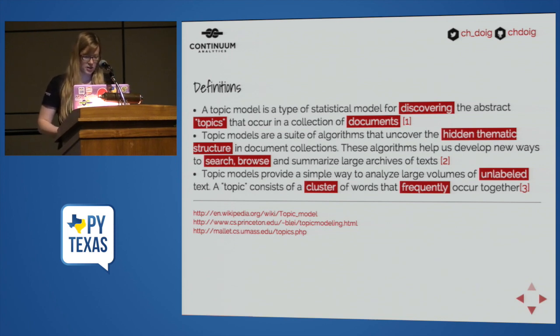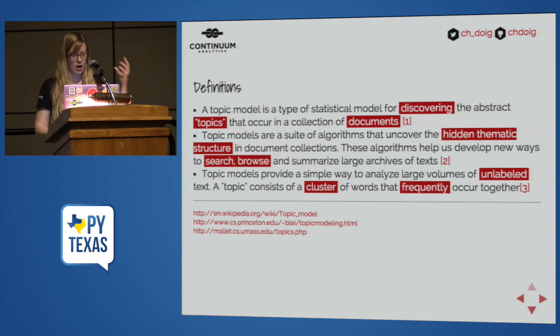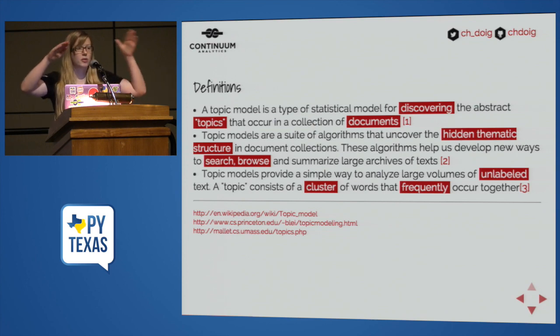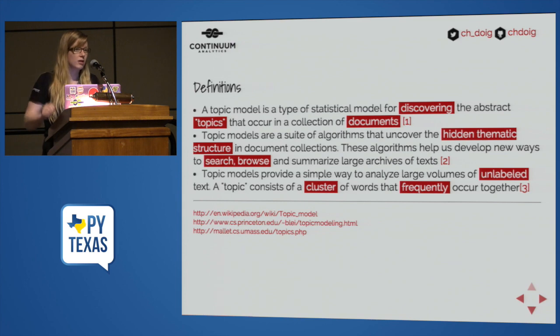Another definition mentions this way of uncovering the hidden thematic structure, and that's where we classify these types of algorithms between clustering, but also finding structure between the variables in the data that you get. And these algorithms, as we've seen, can help us search and browse collections of text documents in different ways, bringing down the cost of doing so, because in unsupervised versus supervised learning, there's usually a high cost of manually labeling those articles.